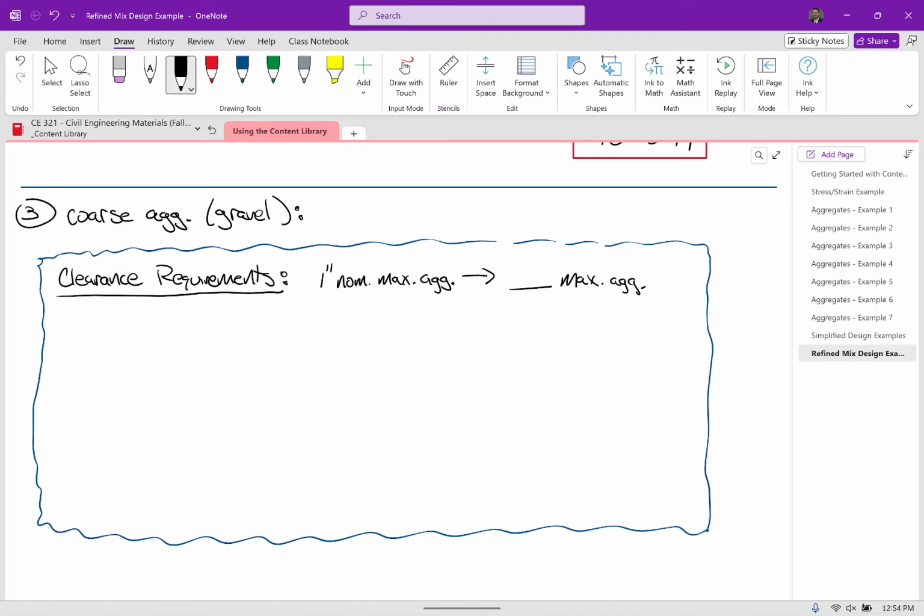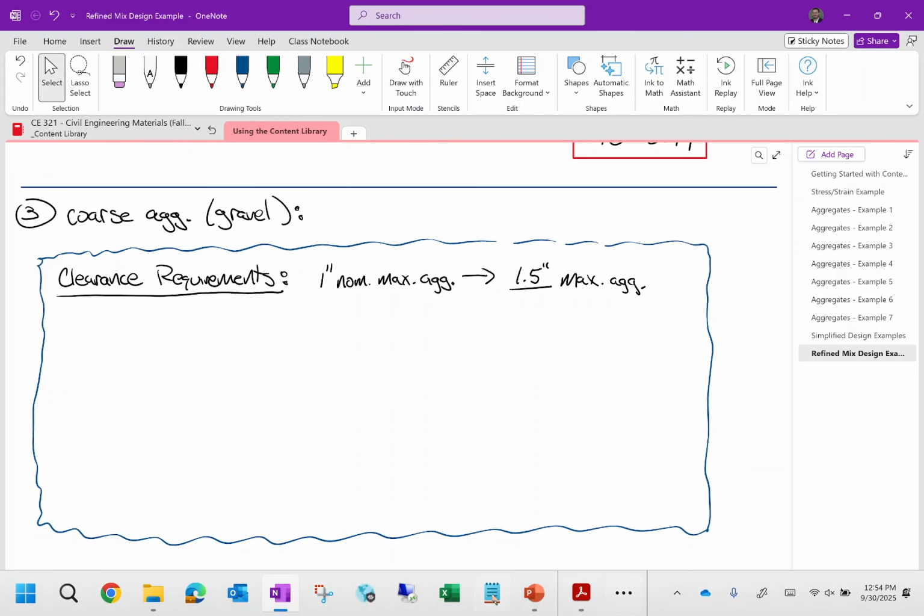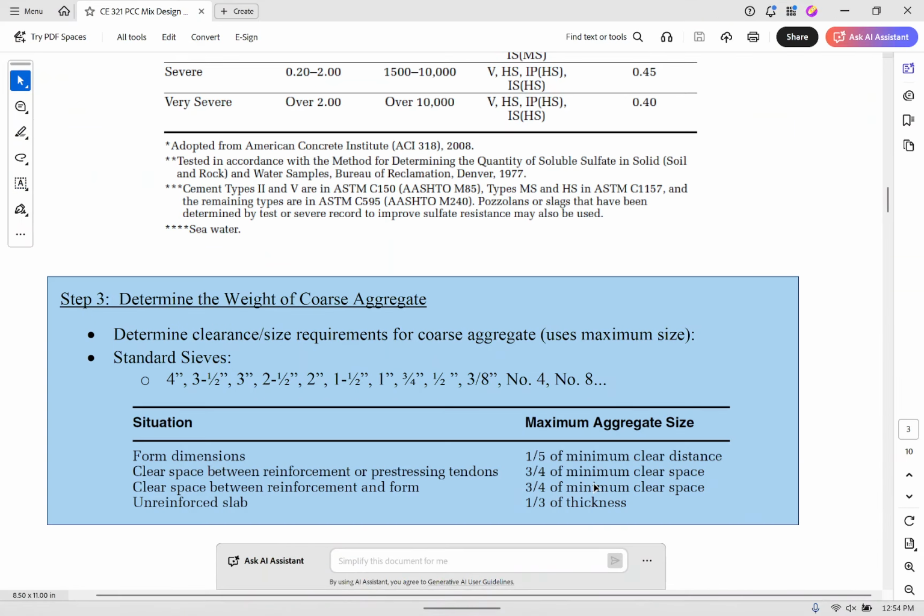Yes, it's one size higher. So whatever the nominal size is, the maximum aggregate size is one size higher. In this case, 1.5, which I'm getting just right here. I've got my standard sieve sizes listed. So if that's 1 for the nominal max, we go 1 step higher.